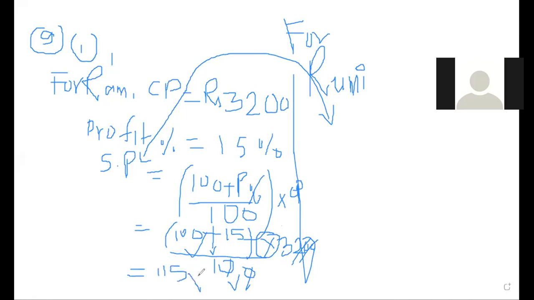115 into 32. What will come? What is the selling price of the radio for Ram?